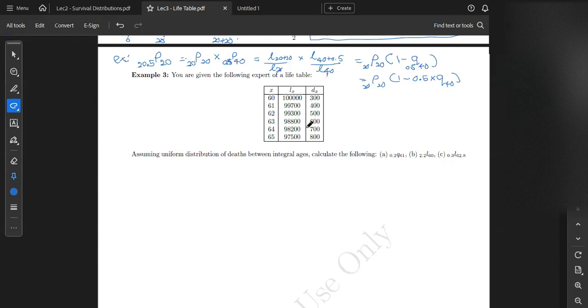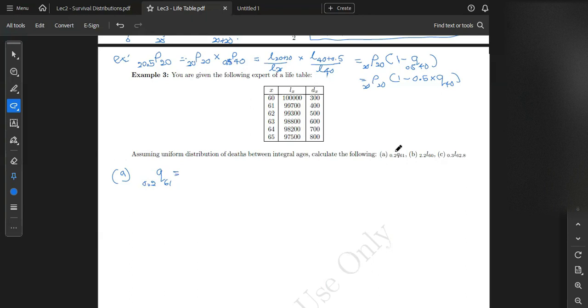In this life table, you will see we have whole numbers, and it says, assuming the uniform distribution of deaths between the integral ages, calculate the following three probabilities. Let's quickly calculate these things. First, Q61. That means the death probability of a person who is at age 61 and death occurs within the next 0.2 years.